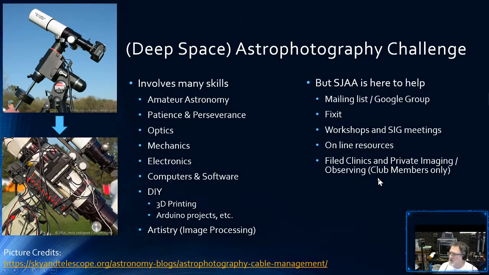And there's a typo here. It's supposed to say field clinics, private imaging, observing for club members only. So you can go hang with your club buddies at a dark-ish site and do imaging and help each other out. That's typically what happens: you learn from each other and help each other out at these private events.